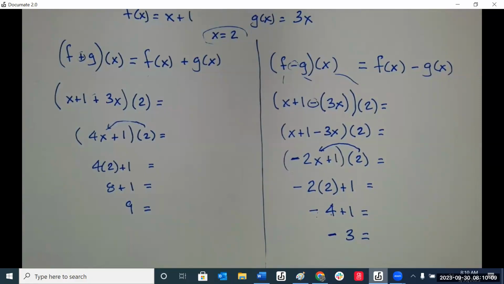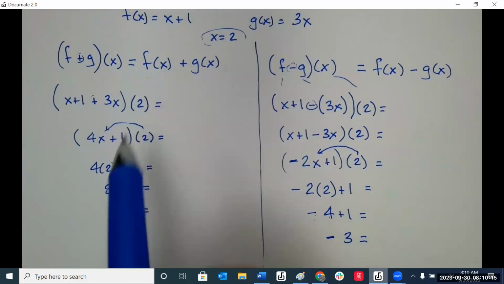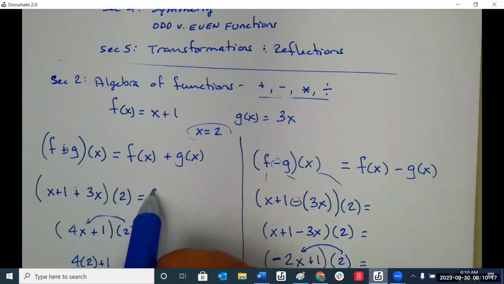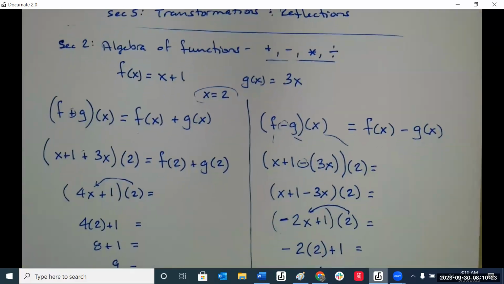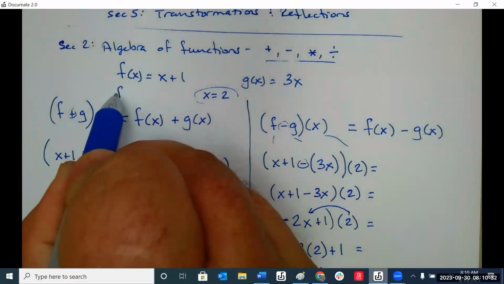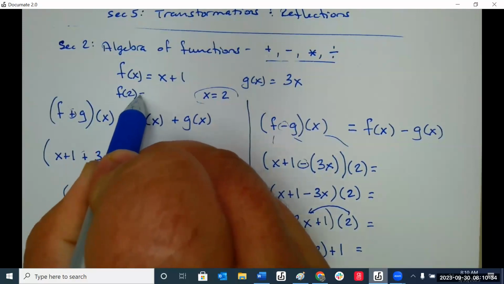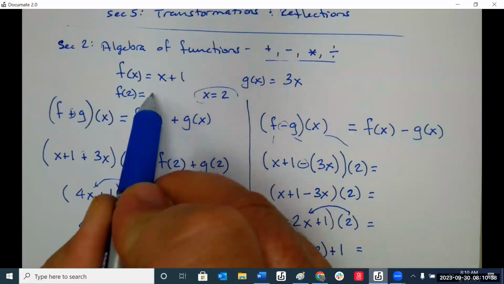So far, so good? So that's what the first part means. Now let's look at what happens if we plug in the values first. In this case, what would f of 2 plus g of 2 be? So let's see what f of 2 would equal. Anywhere I see an x, I put a 2.